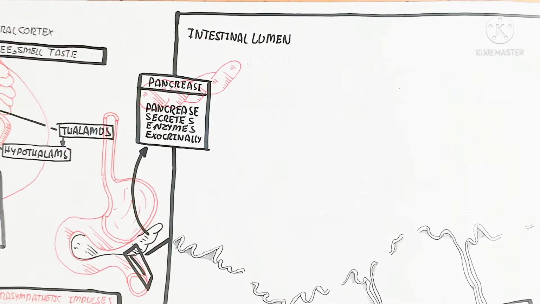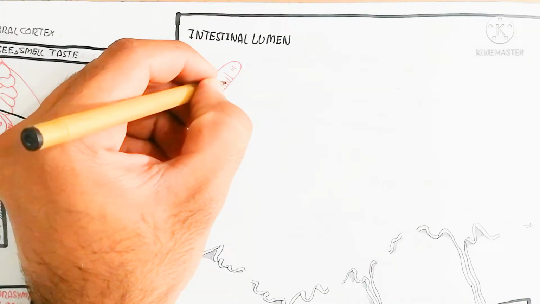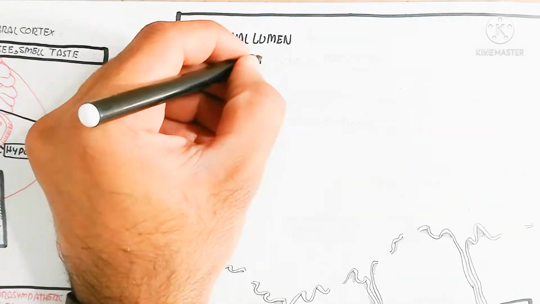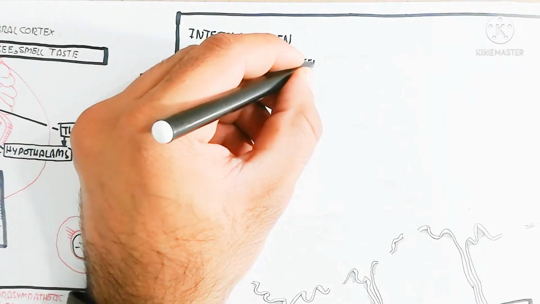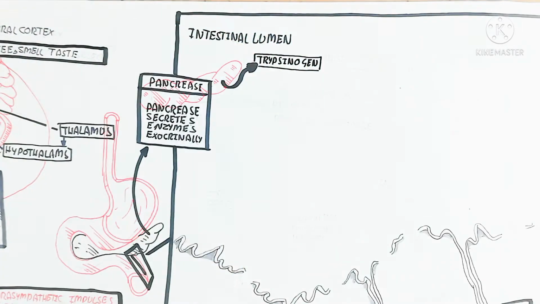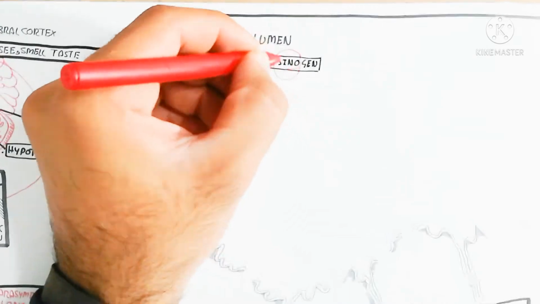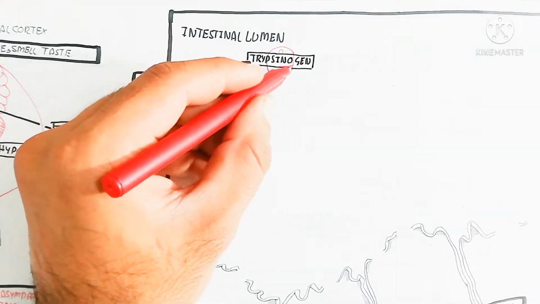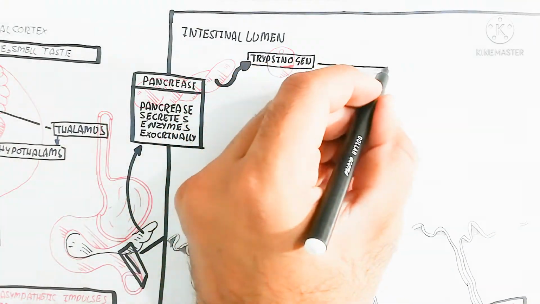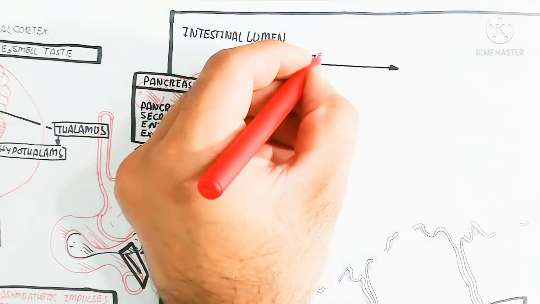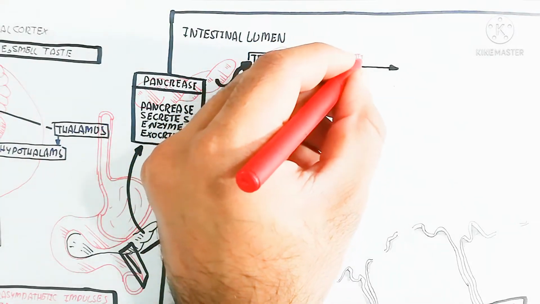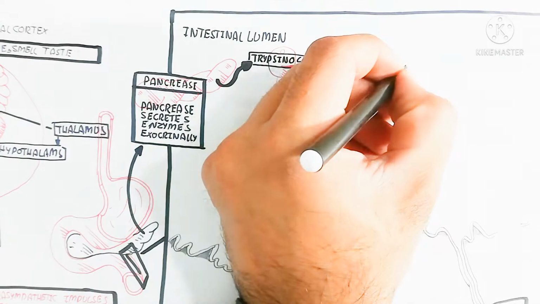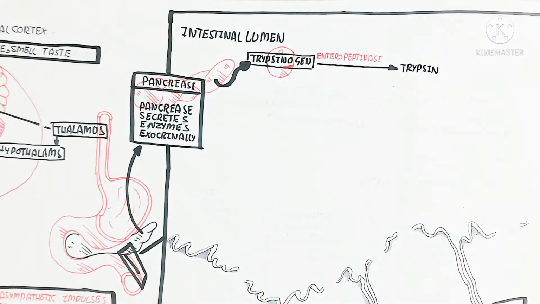So first of all, we will understand about the trypsinogen, which is secreted from the pancreas. After the secretion, the enteropeptidases present in the enterocyte brush border cell stimulate the trypsinogen into trypsin, and this trypsin is a very important enzyme.